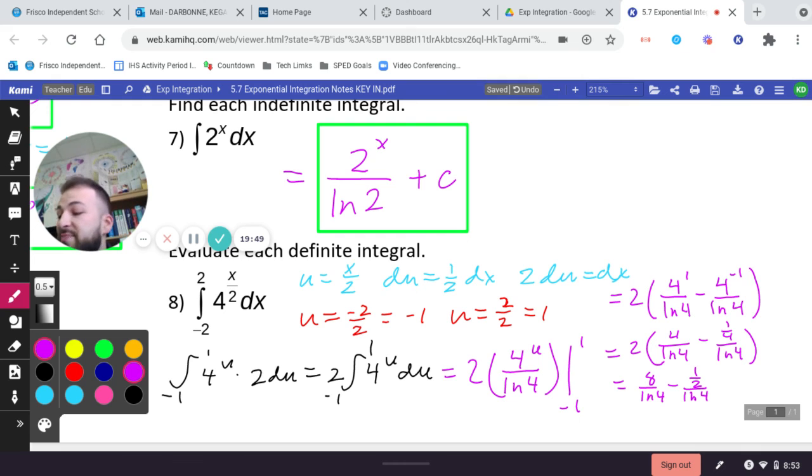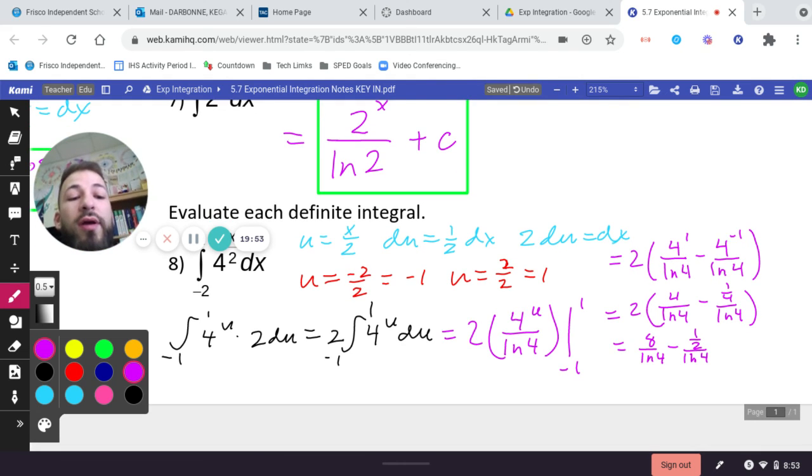Okay, if I got these both to be in the same size, 8 over natural log of 4, that's the same thing as 16 over 2 over natural log of 4 minus 1/2 over natural log of 4. Okay, 16 over 2 minus 1/2, that's equal to 15 over 2 over the natural log of 4.